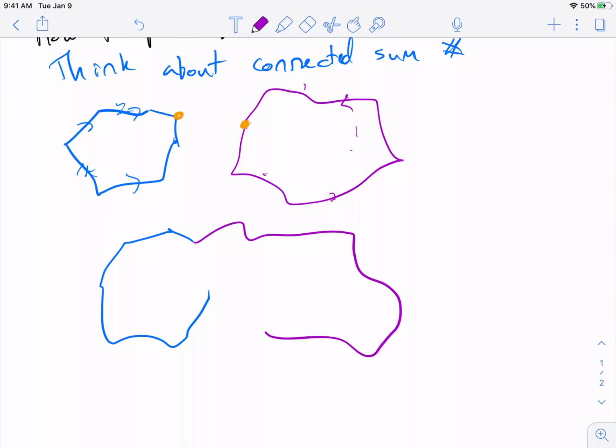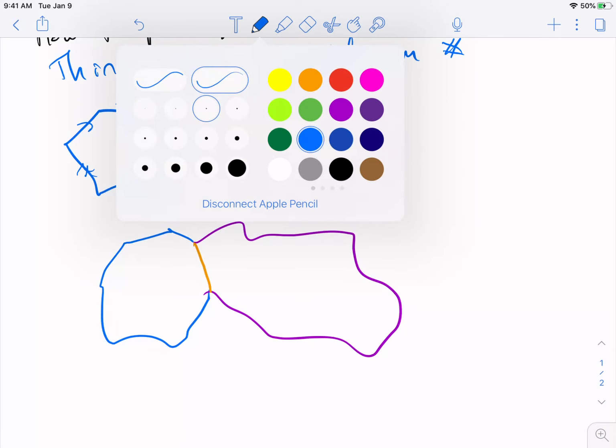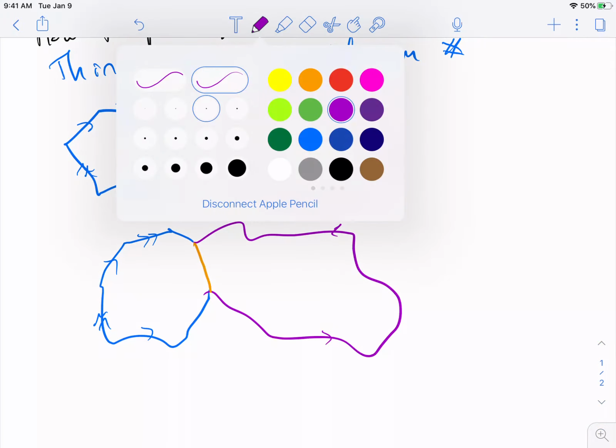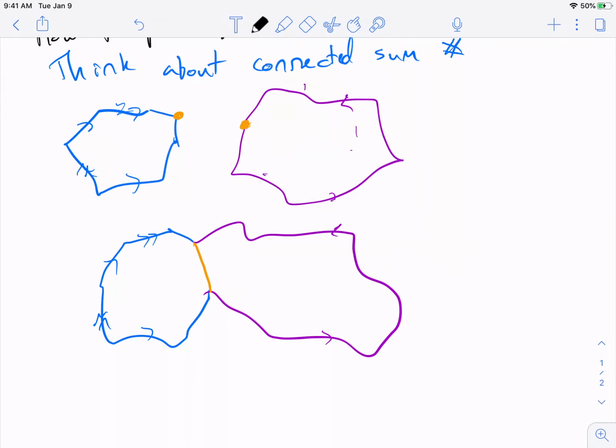So I just glue the two polygons together by choosing a vertex of each and stretching it out and gluing them along that new edge I've created, to get a polygon that has the edges of the two I started with.